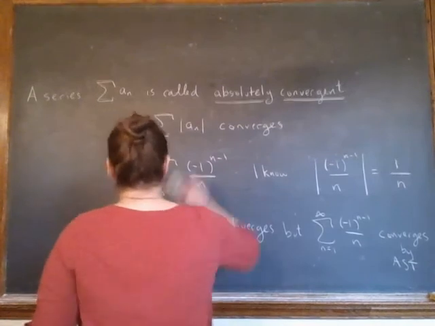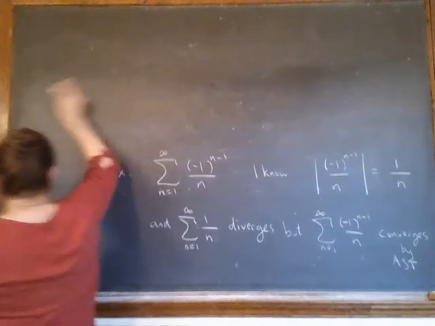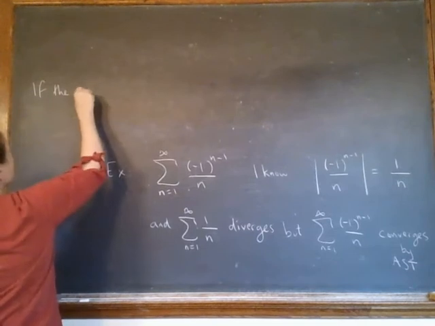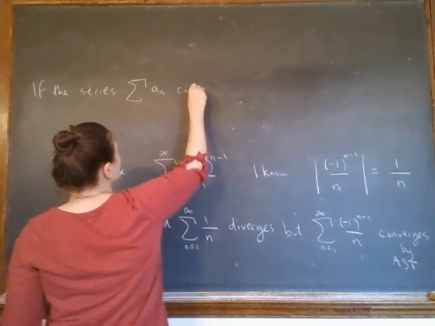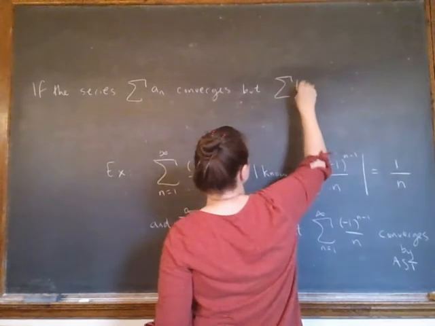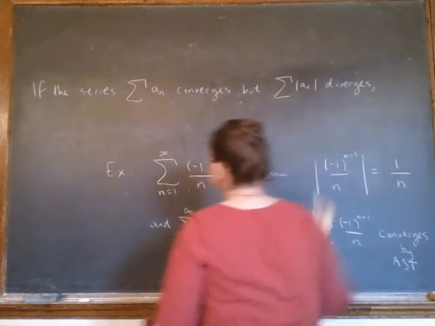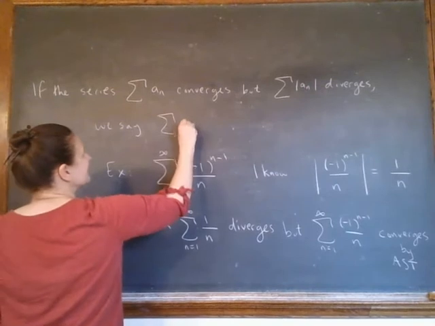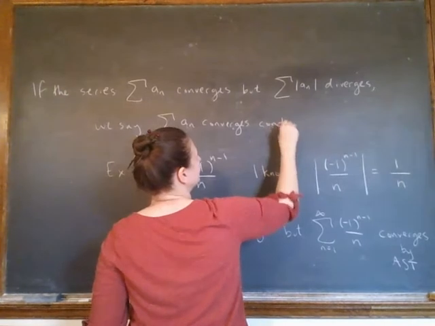So, write that up. If the series a_n converges, but its absolute value diverges, we say a_n converges conditionally.